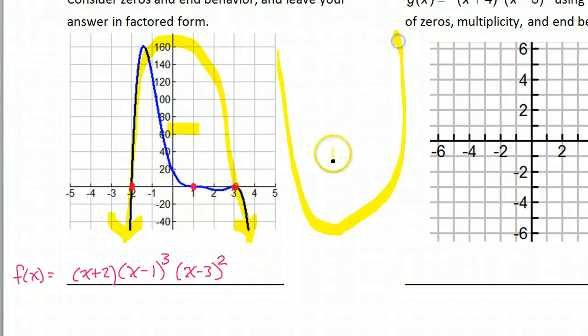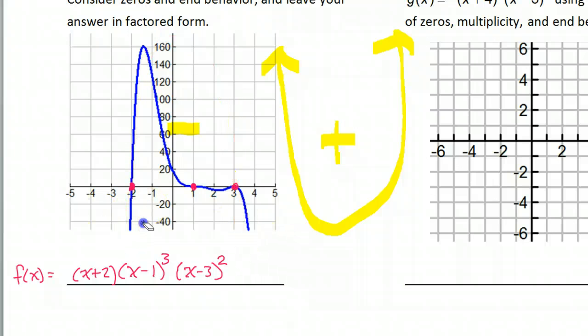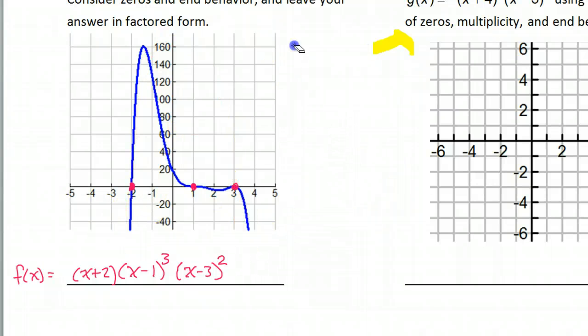Positive parabolas go up like that, if it's a positive leading coefficient. Because this is upside down, both arms reaching down like an upside down parabola, that lets us know that this is a negative leading coefficient. So there's our function in factored form.